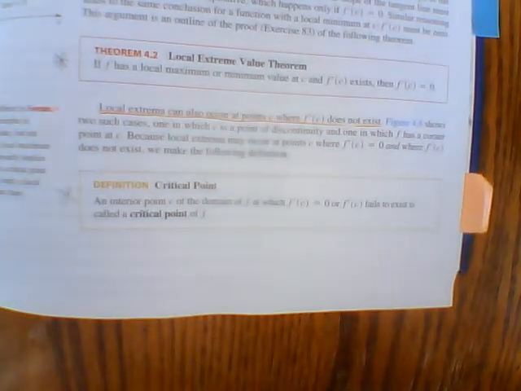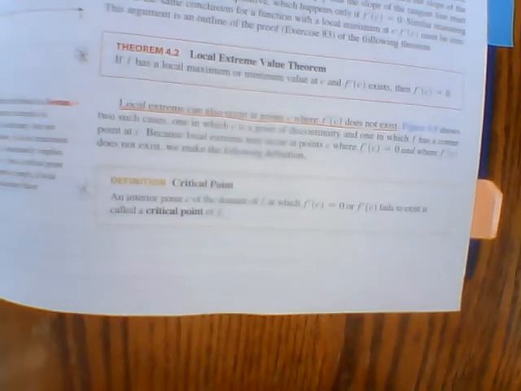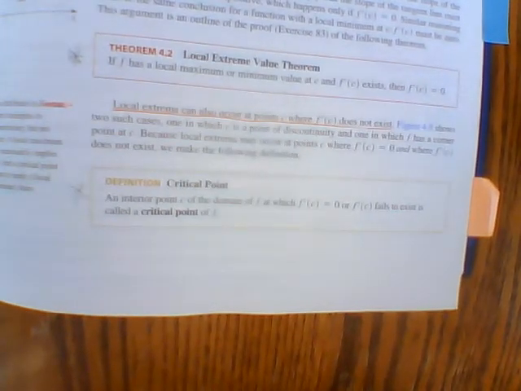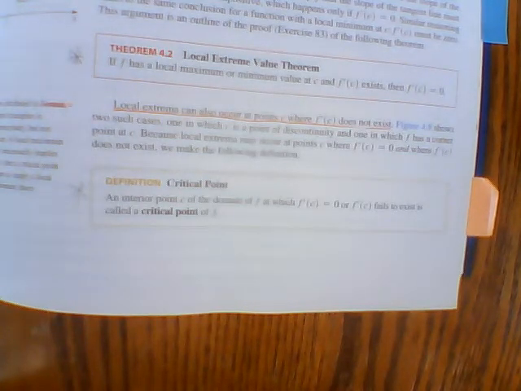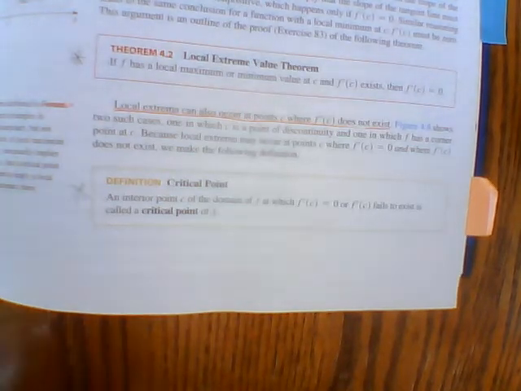Then we talk about our critical point right here. An interior point c of the domain of f at which f prime of c equals 0 or f prime of c fails to exist is called a critical point. Do realize that if we have any undefined values where we cannot take the derivative, those are also critical values that we must note.